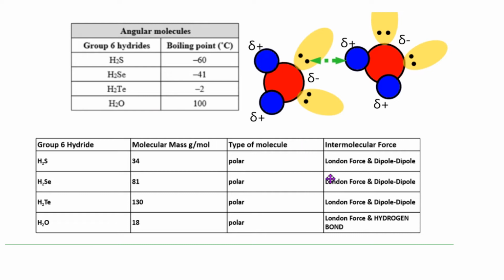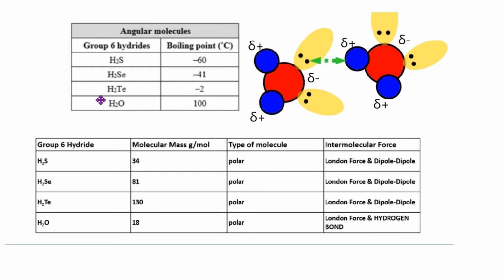Then all 3 of them have London forces and dipole-dipole forces. The main intermolecular force being the dipole-dipole because that's the stronger one. And so the trend from the lowest molecular mass, the H2S to H2Te, the strength of the intermolecular forces increases, and therefore the boiling point increases.